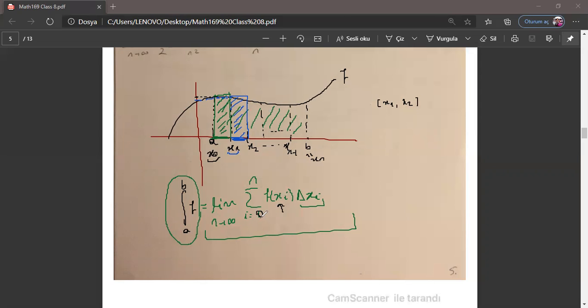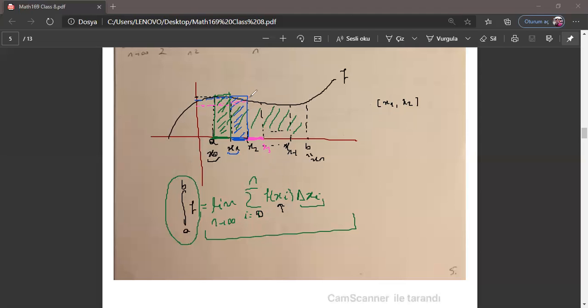We started with 0, then 1, and now 2. So we have this subinterval; of course, here we have x3. Then the value of the function at x2, because this is the left endpoint. As I said before, we can take any value from the subinterval, but here I always take the left endpoints.